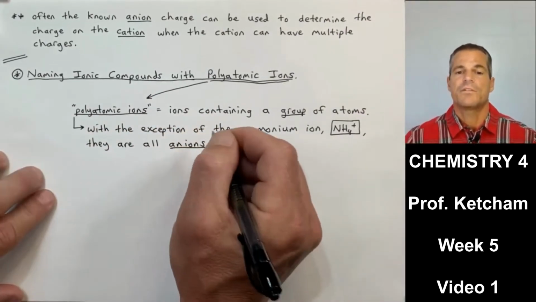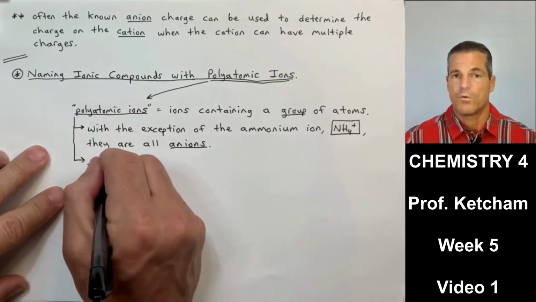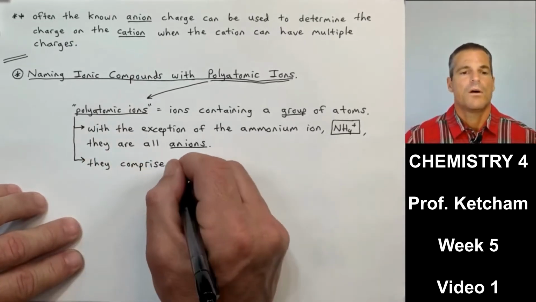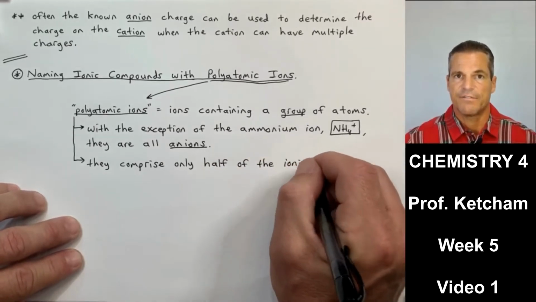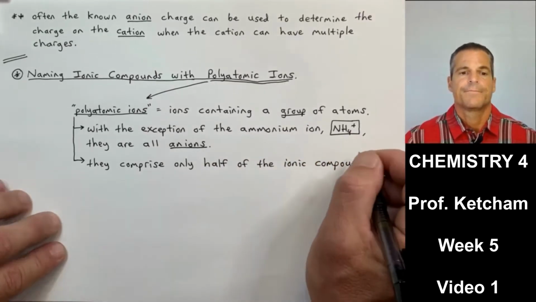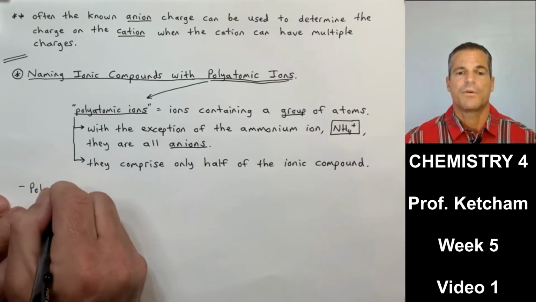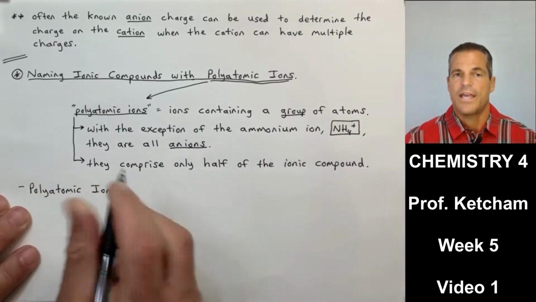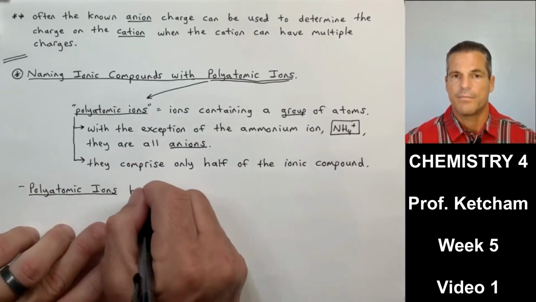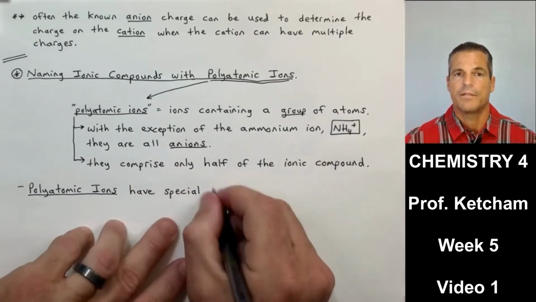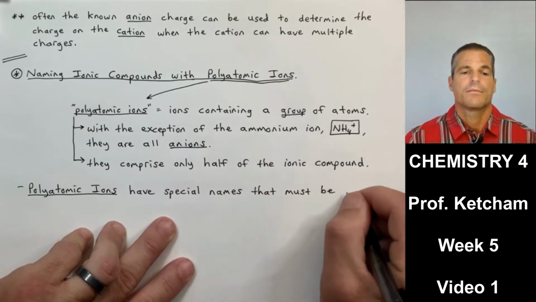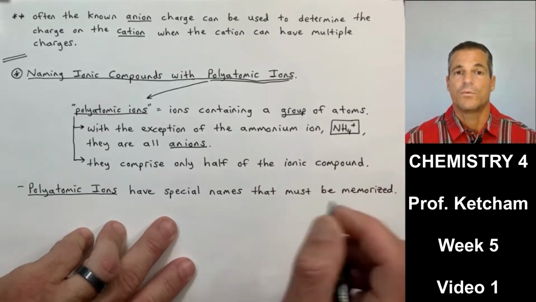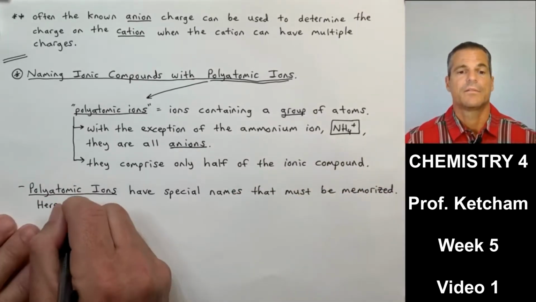With the exception of the ammonium ion, NH4+, all the polyatomic ions are anions. They have negative charges. Remember, an ionic compound is a cation-anion pair. So polyatomic ions are only half of an ionic compound.